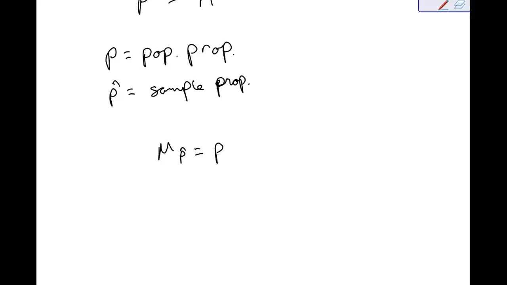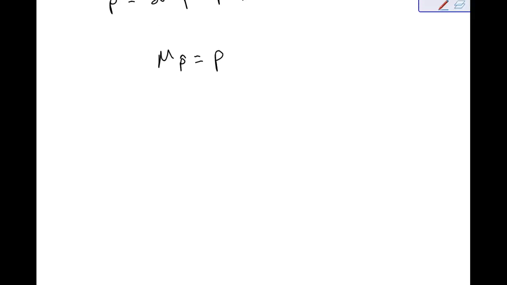And then our standard deviation for proportions, which is sigma sub p hat, is going to be p times 1 minus p, because remember, proportions, or even probabilities, have to add up to 1, so the opposite of the proportion, divided by the sample size. And remember, since we're talking about standard deviation, we've got to take the square root of it.